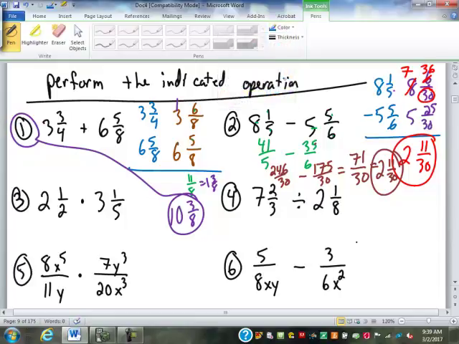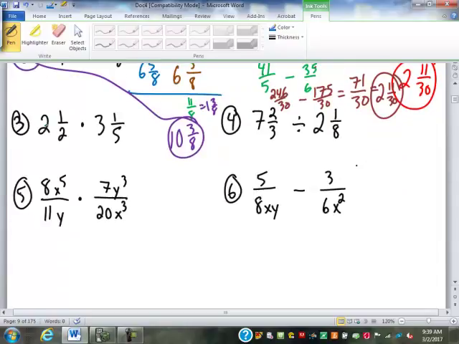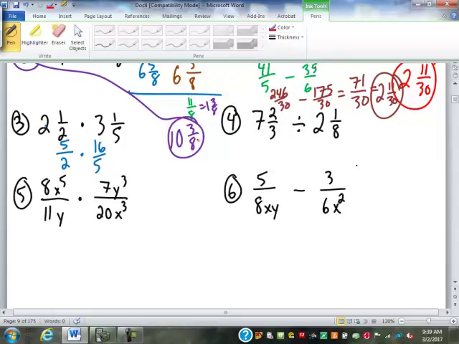So for number 3 and 4, when we're multiplying or dividing, we must turn them into improper fractions. So 2 1/2 becomes how many halves? 5 halves. 3 1/5 becomes 16/5. Now, before we multiply here, what can we do?